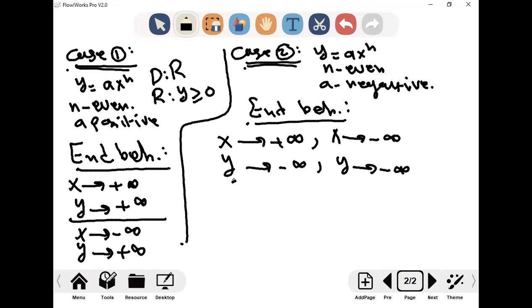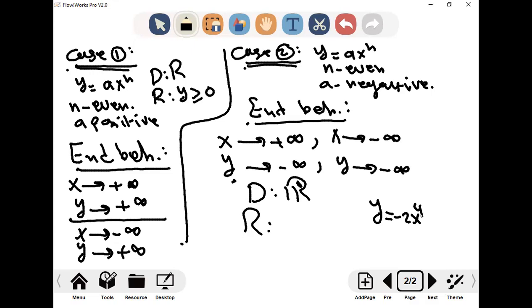Got it? Now the domain and range. The domain we agreed on, it is all real numbers. The range, let's take a small example to understand the range. For example, y equal negative 2x power 4. Put a positive number, assume 2. 2 power 4 is 16, right?